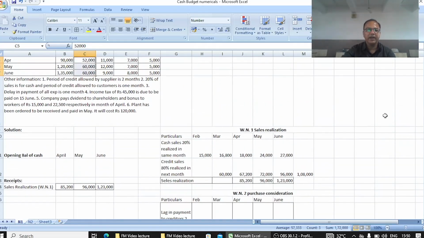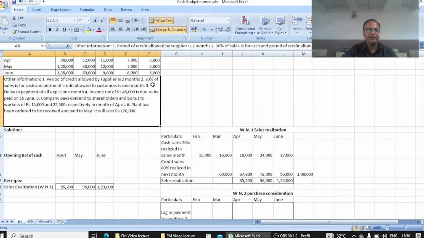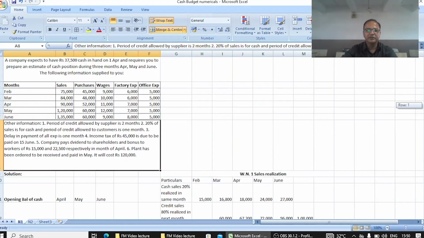Now, again, point number 3. Delay in payment of all expenses is 1 month. All expenses means expense of wages, factory expenses and office expenses.